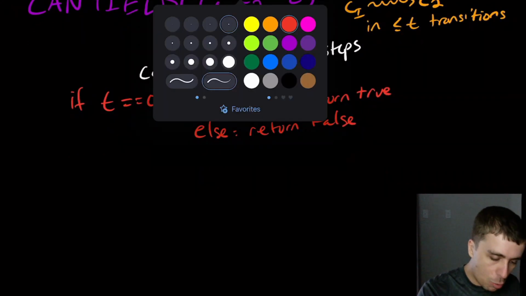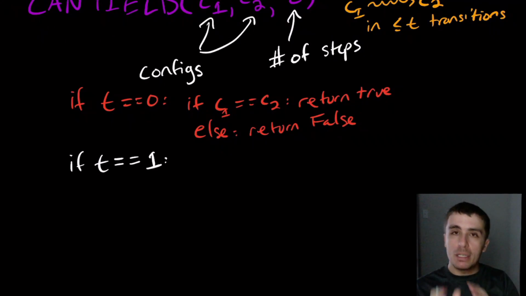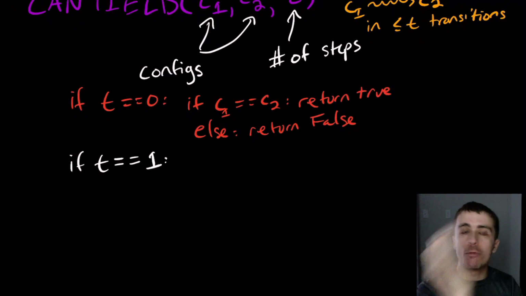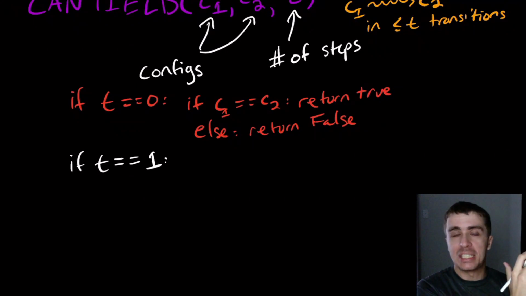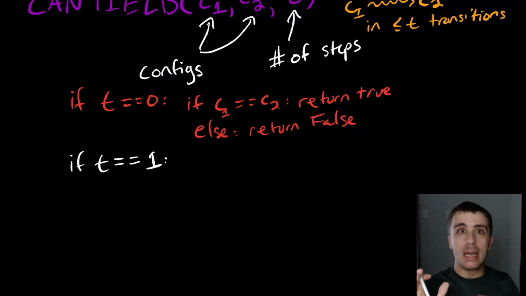And then now what do we do if T is 1? Then that means that we need to apply a single transition from C1 and hopefully get C2. Note that there could be a whole bunch of possibilities here because we could have some non-deterministic choices that we can make.